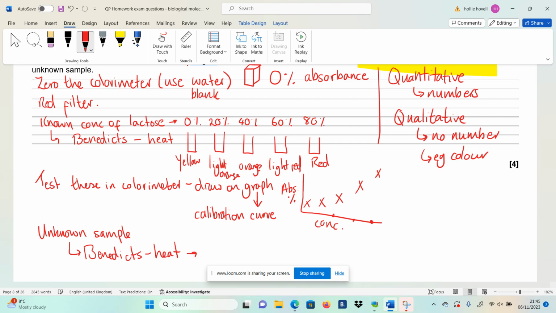It's going to change colour. We don't know what colour it's going to go, but depending on what colour it goes, what we can do is put it in the colorimeter, get an absorbance reading, and look this up on our calibration curve.